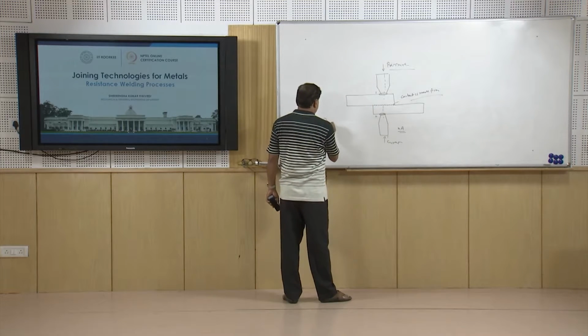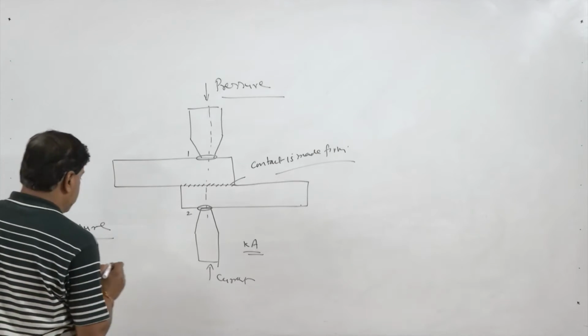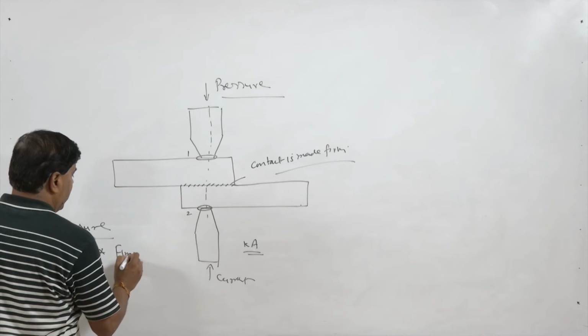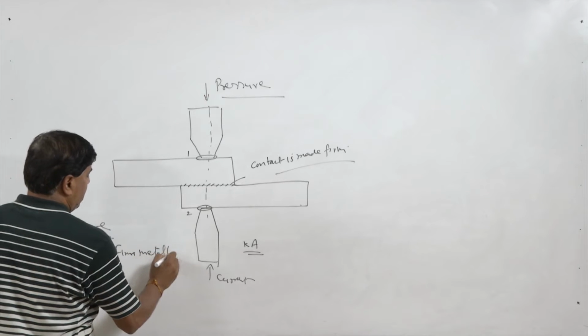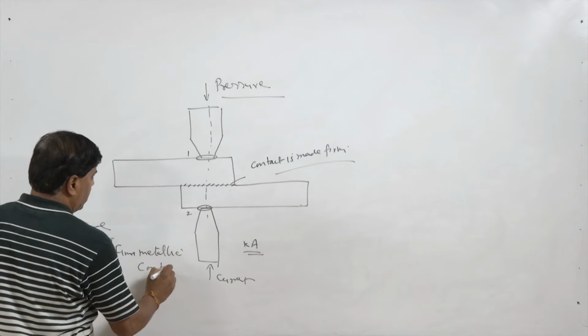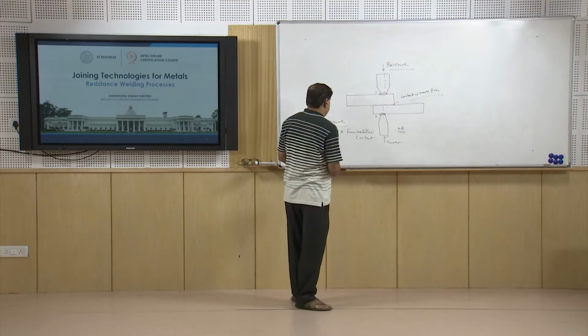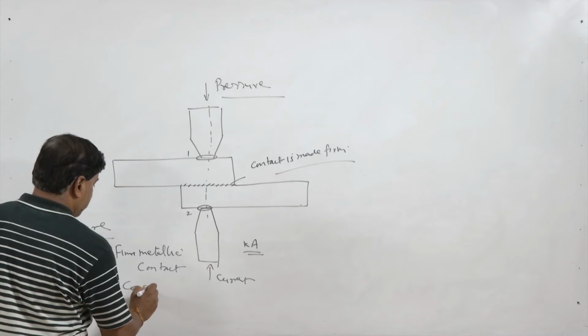So, the pressure is one of the important variables related to the process, because it ensures the firm metallic contact between the electrode and workpiece and between the faying surfaces of the workpiece. And the second is, it helps in consolidation.